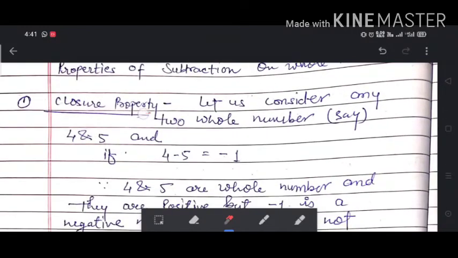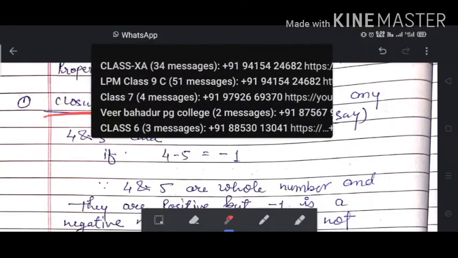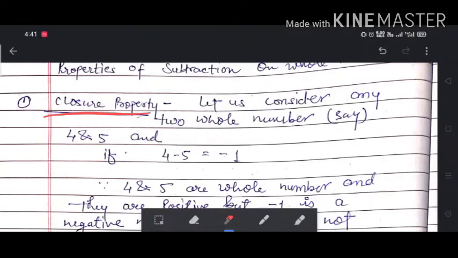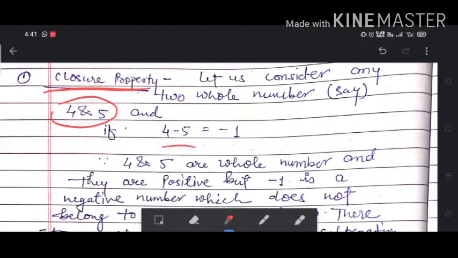So the closure property is given. Let us consider any two whole numbers, say 4 and 5. Here we consider two whole numbers 4 and 5, and 4 minus 5 is equal to minus 1.